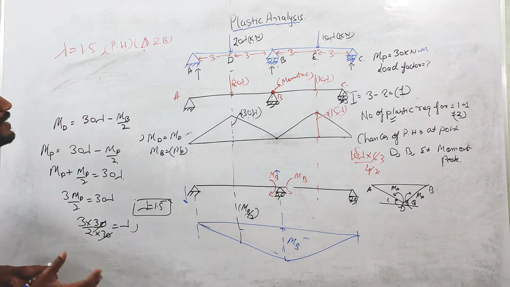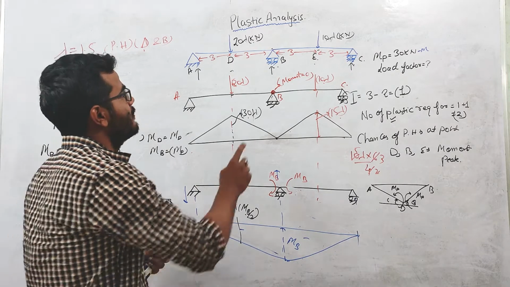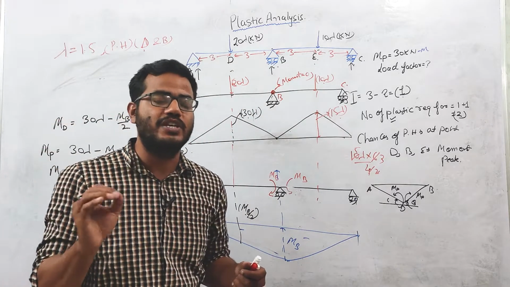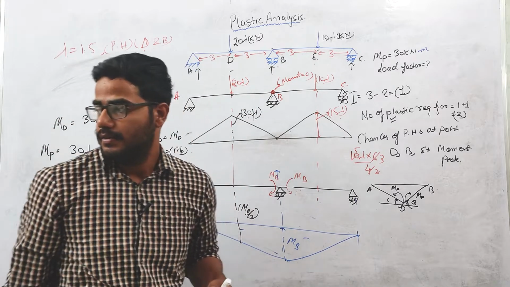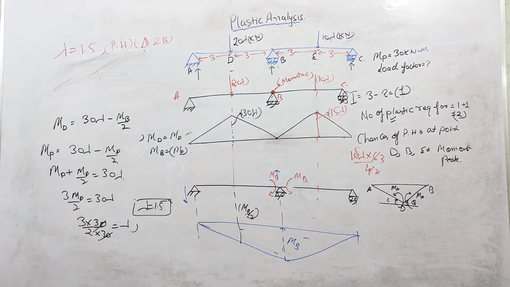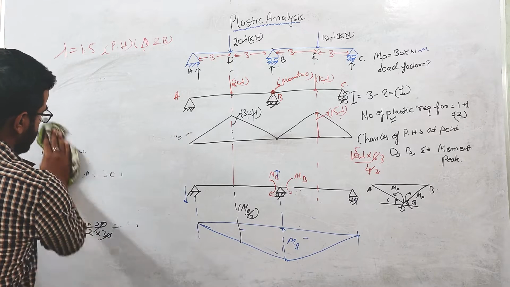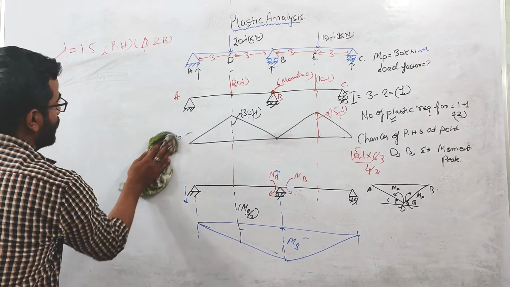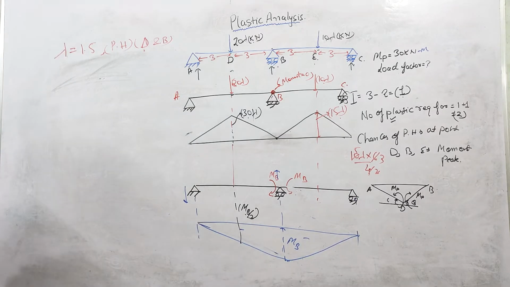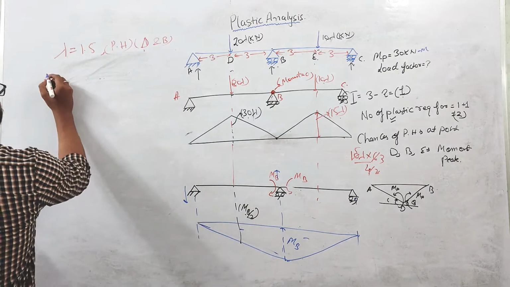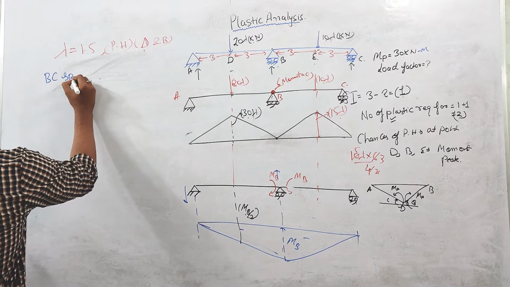Now we'll see what our load factor will be when the BC span collapses. Remember, in a continuous beam we need to check the individual spans. Now I'm saying that the BC span will collapse.